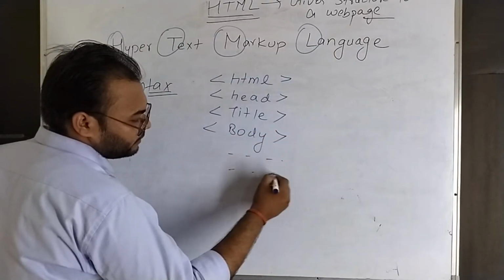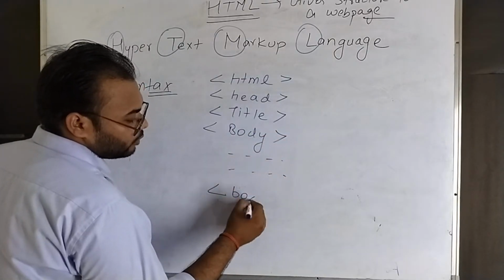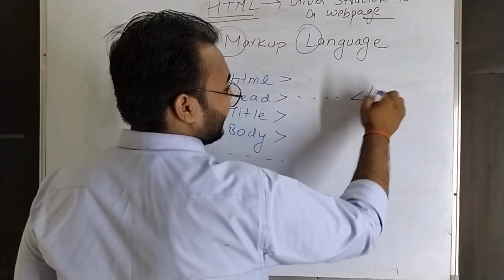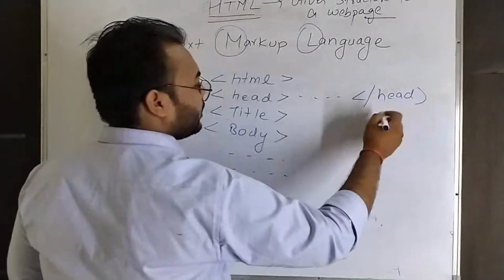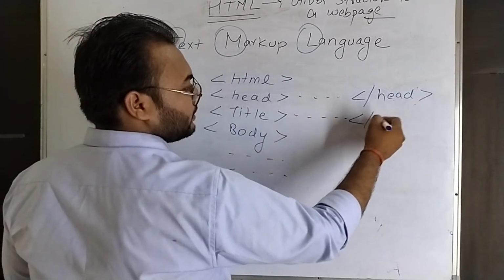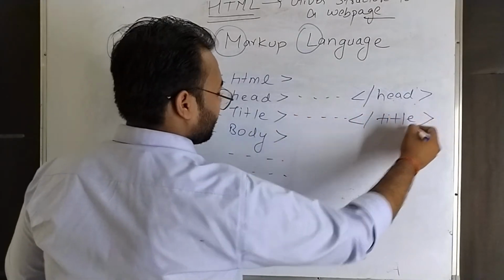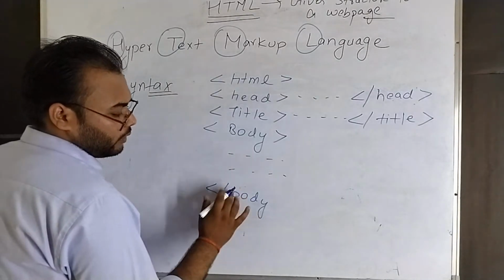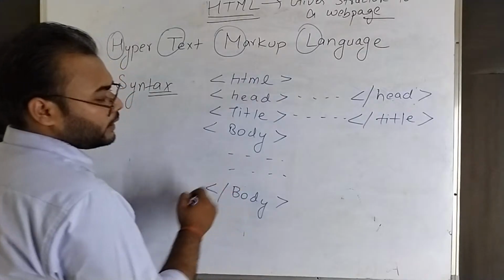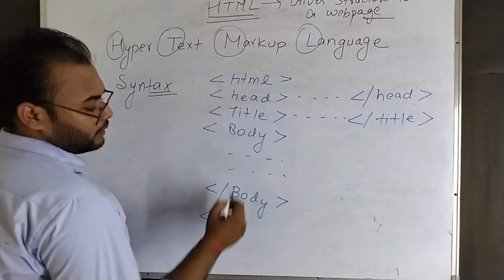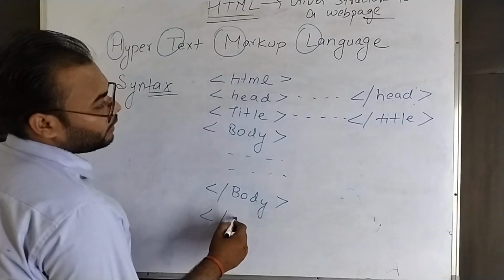Under the body section, we are going to close the body section. We can also close the heading section here only with the slash. When you use the slash, it means the tag is closed. Same here as a title tag, and the body tag will be closed here only. And then again go with the HTML tag.